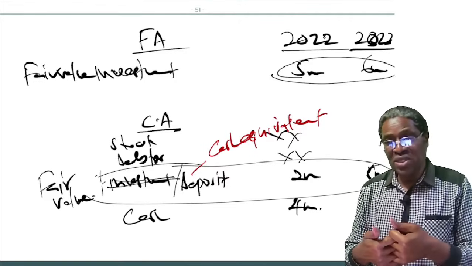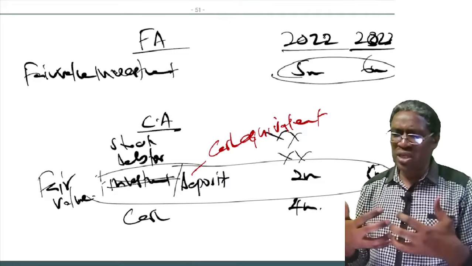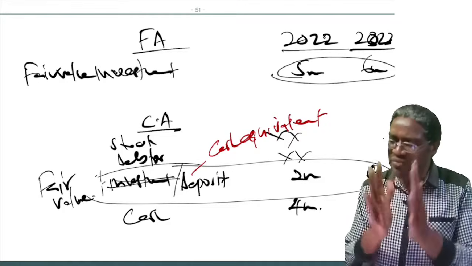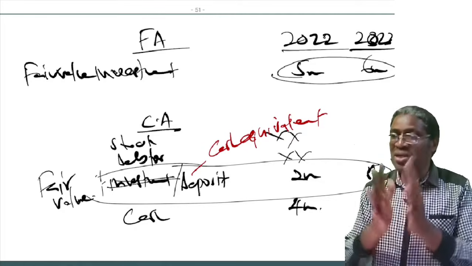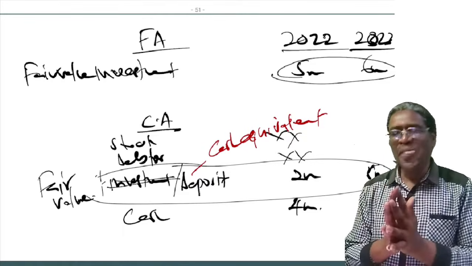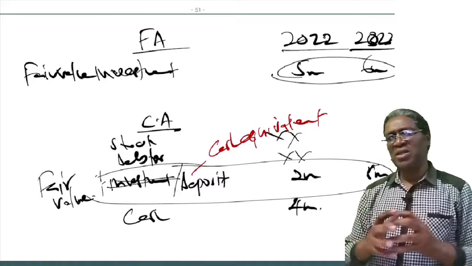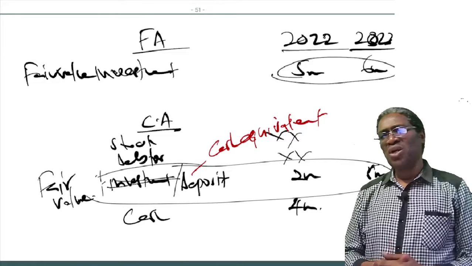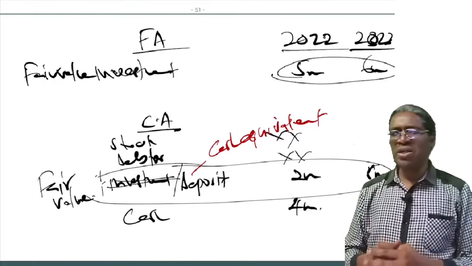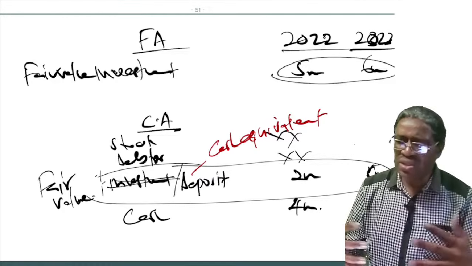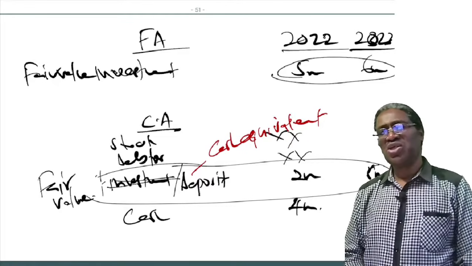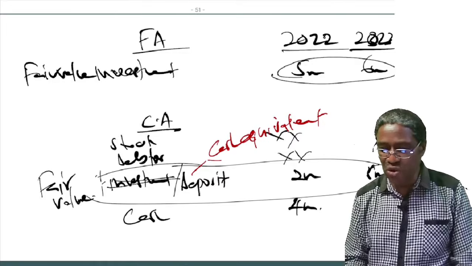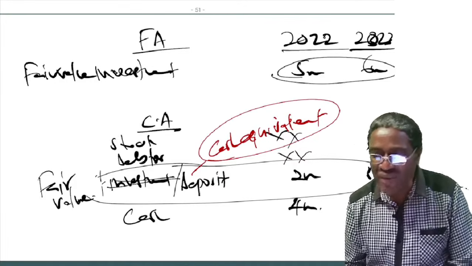Now listen. So any short-term investment among the current assets, by whatever name they are calling it, whether they are calling it fair value investment, bank deposit, or treasury bills, those short-term investments should be classified as part of cash equivalent.